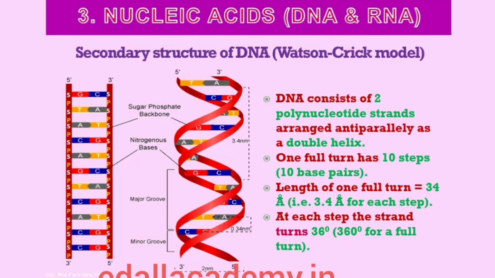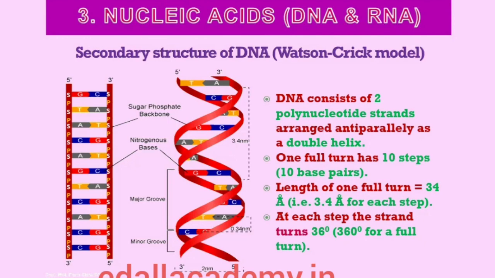One full turn has 10 steps, that means 10 base pairs. The length of one full turn is 34 Angstrom, in nanometer it is 3.4. At the same time the distance between each step is 3.4 Angstrom. At each step the strand turns 36 degrees, that means 360 degrees for one full turn.